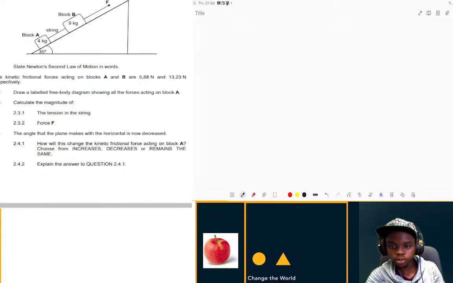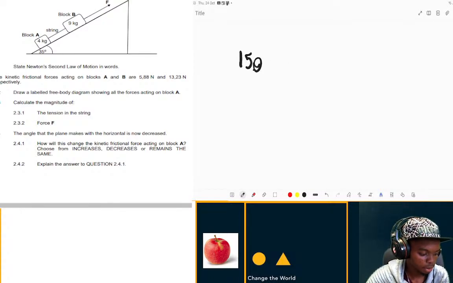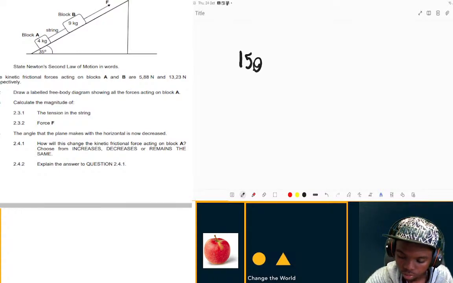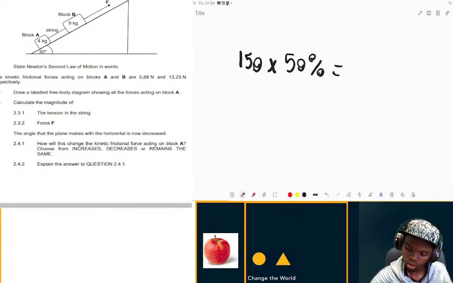From what we just calculated, to get 50% out of a 150 paper, that is your 50%.